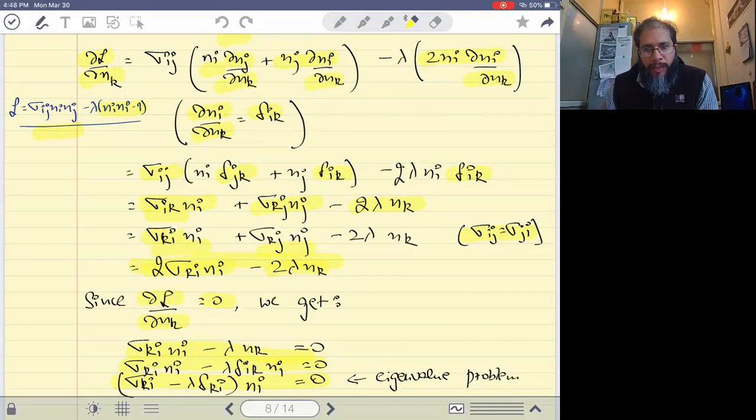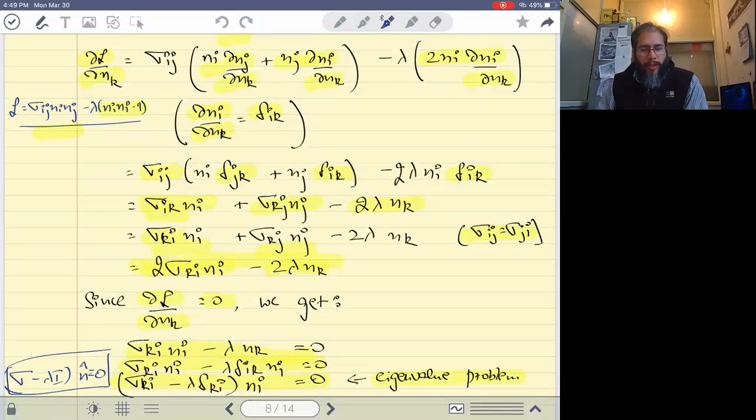It's exactly the same as the eigenvalue problem. Okay, you have sigma minus lambda identity times the n vector is equal to 0. It's exactly the same.